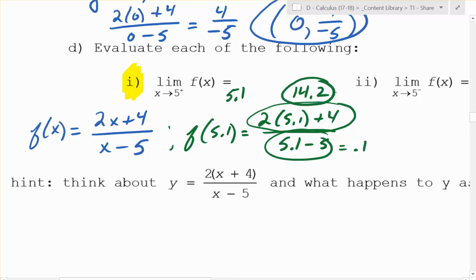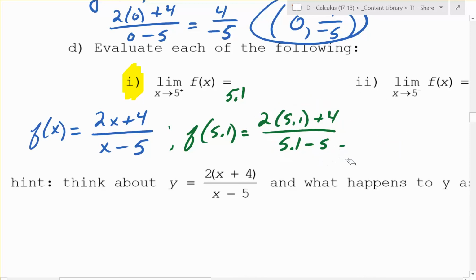So it's 14.2 over 0.1. So that's going to be a big number divided by a really small number, 0.1. So this comes out to be 14.2 over 0.1, which is 142.